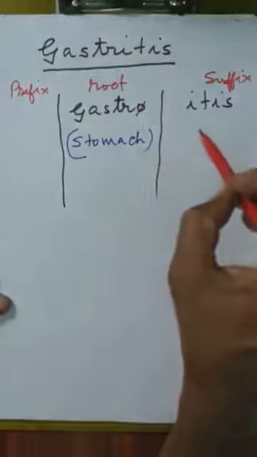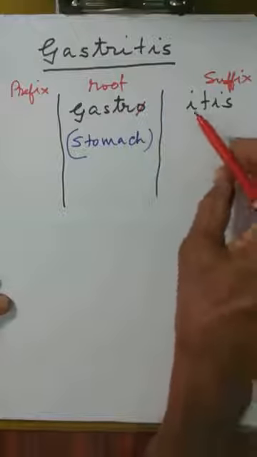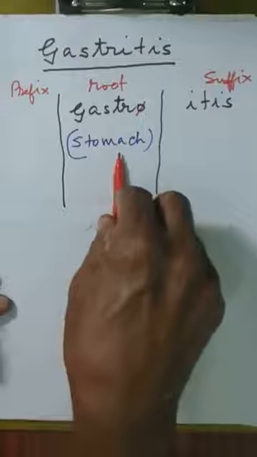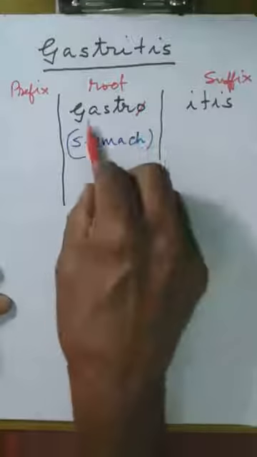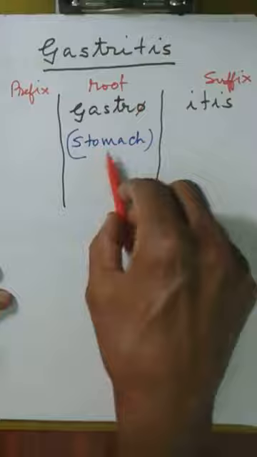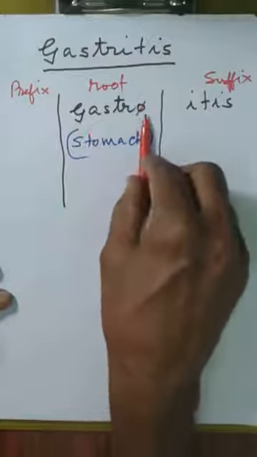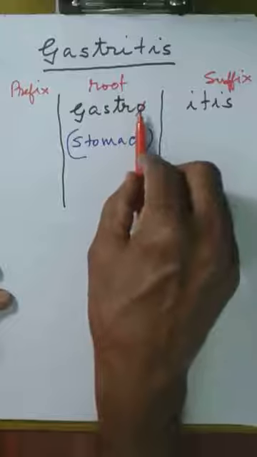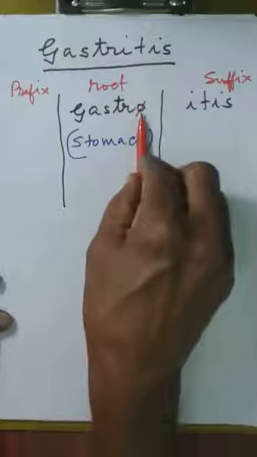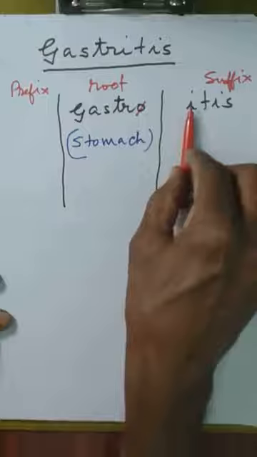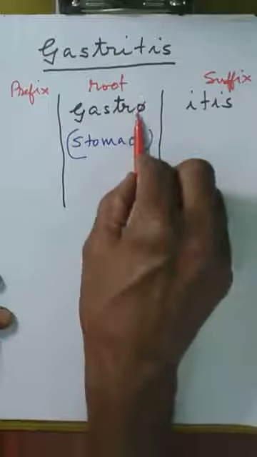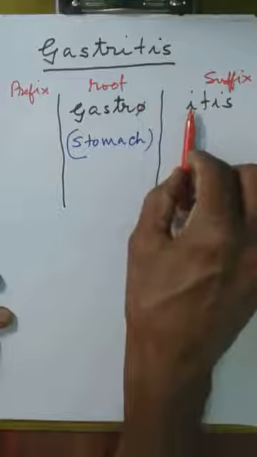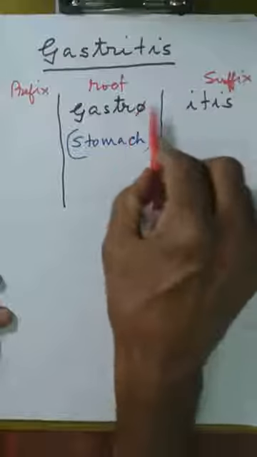I have already explained what inflammation is. So, when this happens to the stomach, it is called gastritis, because the stomach word is gastro. O is the combining vowel. When this is added to another vowel, this O will be cancelled. If there is a consonant, not a vowel, then this O stays.